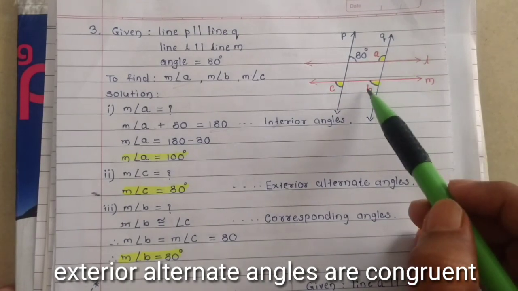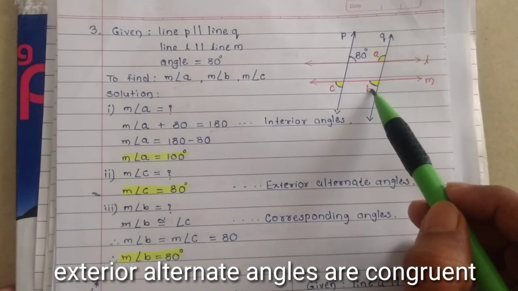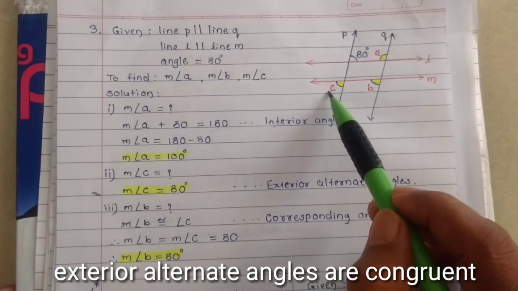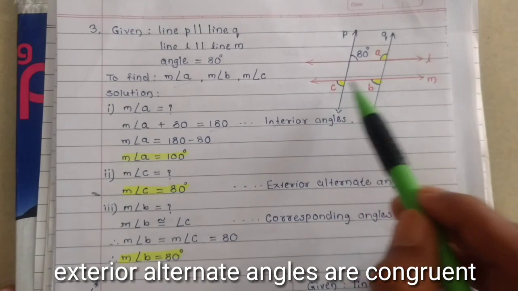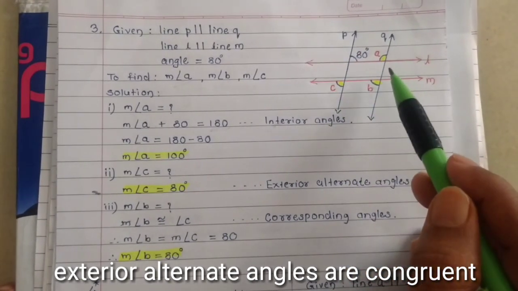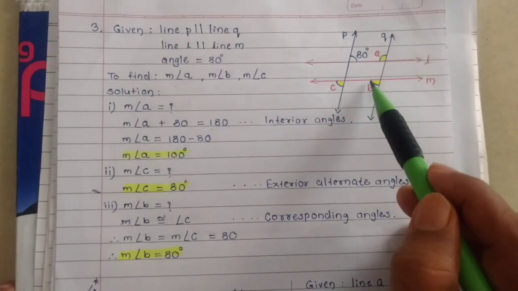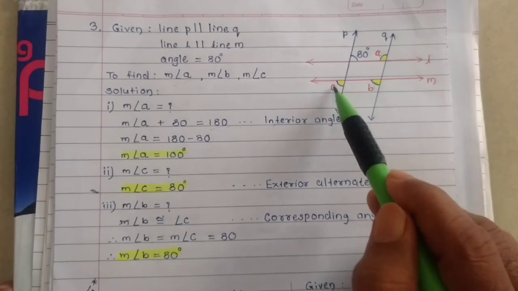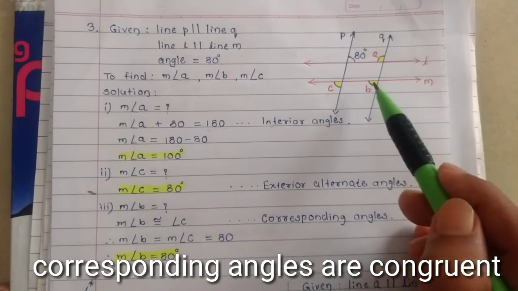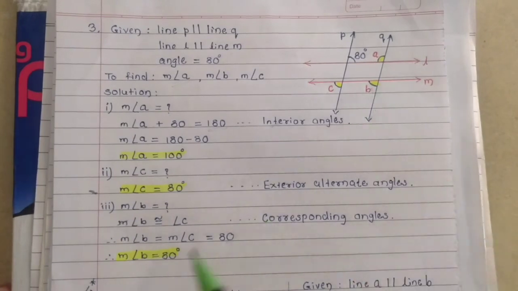Then for angle B, this angle is related to angle C, both angles on the same side of the parallel lines and transversal, upper, lower, you know. These are corresponding angles. Angle B and angle C are both congruent. Yes, that's why 80 degrees. Angle B is also 80 degrees.